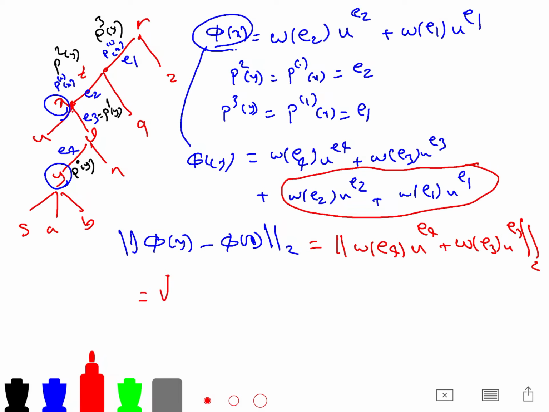And this is just the sum of squared weights.